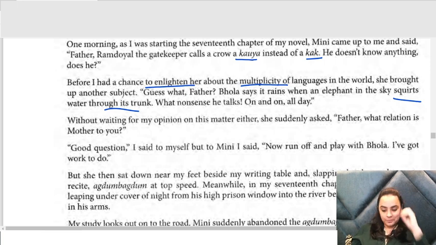"Good question," I said to myself, but to Minnie I said, "Now run off and play with Bhola, I've got work to do." So the father thought it was a good question, but it was difficult to explain to a child. Rather than answering, he told Minnie to run off and play with Bhola because he had a lot of work to do.